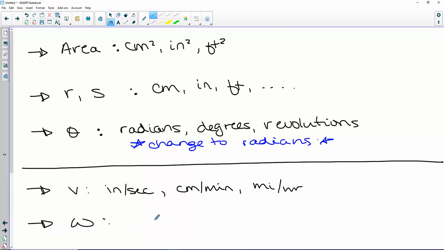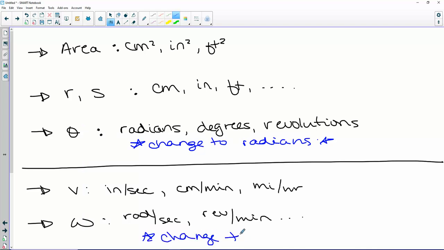Omega is another speed, but it's talking about the degree or the angle. So it might be radians per second, revolutions per minute, something like that. But just like with theta, you always have to change to radians first, if I give it to you in revolutions.